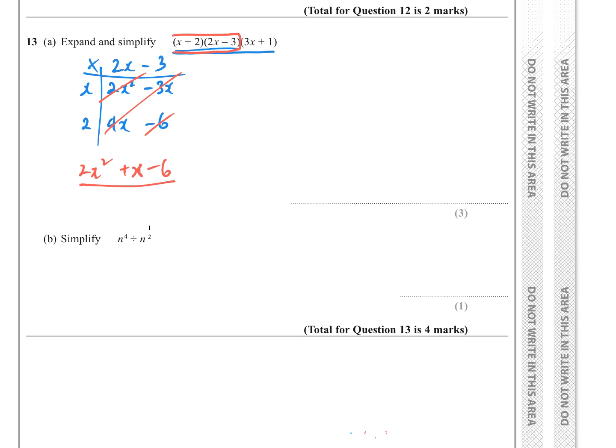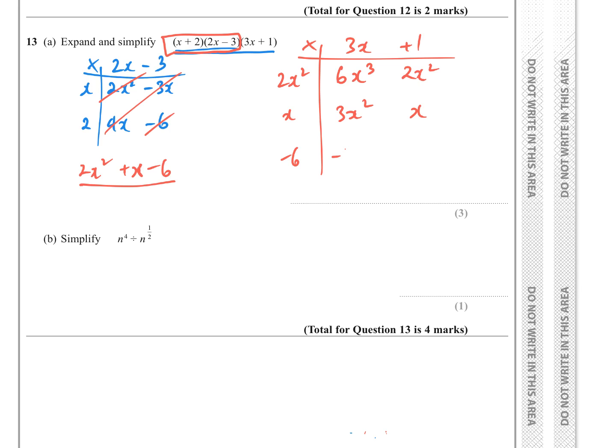And so that's what this is worth. And then I'm just going to times that by 3x plus 1. So I'm going to get 6x cubed, 2x squared, 3x squared, x, minus 18x, and then be careful, minus times the positive is negative 6. So I'm going to have 6x cubed plus 5x squared minus 18x plus x is minus 17x minus 6.